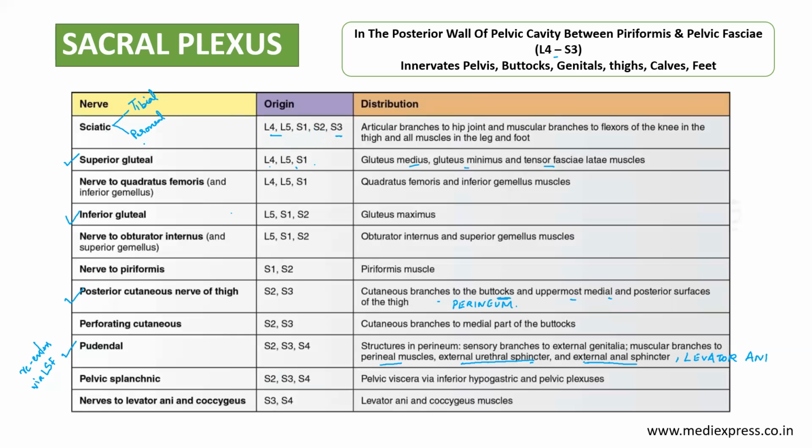The peroneal portion is also called the common fibular portion. This again divides into deep peroneal and superficial peroneal. Now, in a gist, the motor functions of the sciatic nerve are it innervates the muscles of the posterior thigh, that is the biceps femoris, semimembranosus, and semitendinosus muscle.